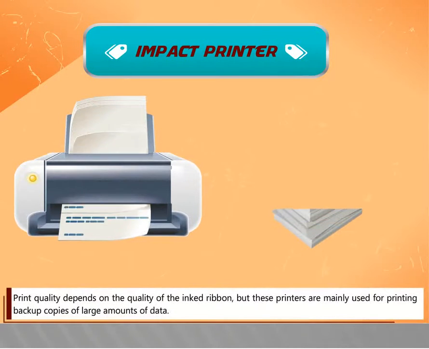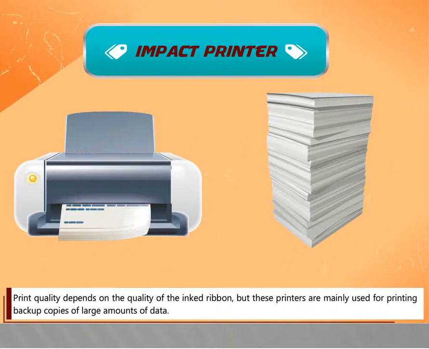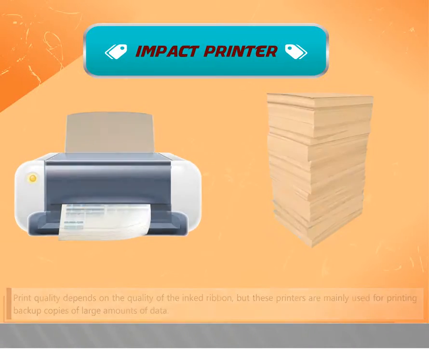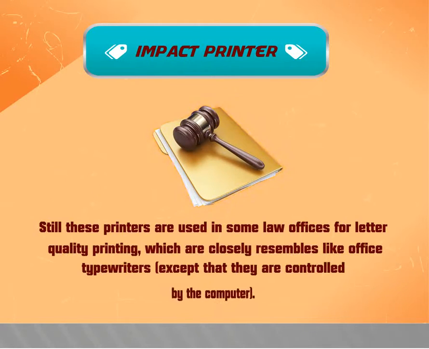Print quality depends on the quality of the inked ribbon, but these printers are mainly used for printing backup copies of large amounts of data. Still, these printers are used in some law offices for letter quality printing, which closely resembles office typewriters, except that they are controlled by the computer.